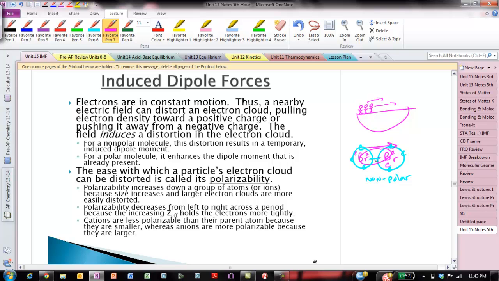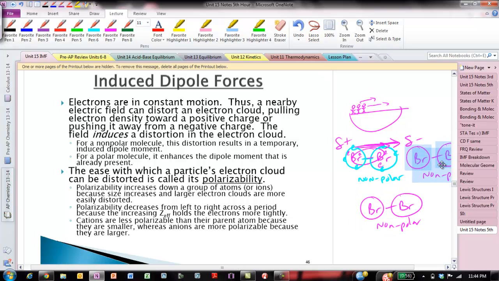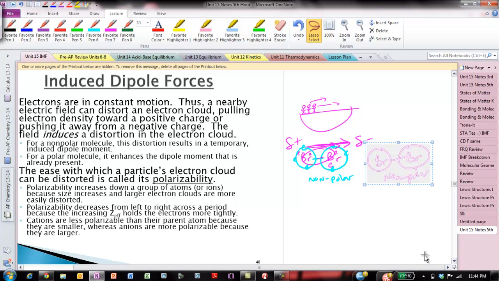But what can happen is, let's say we had another Br2 sitting here, and it's nonpolar as well. But this one right here just has an imbalance of electrons instantaneously and ends up partially negative, and this side partially positive. If this other one is sitting next to it with its perfectly balanced electrons, what is this partially negative instant going to do to it?